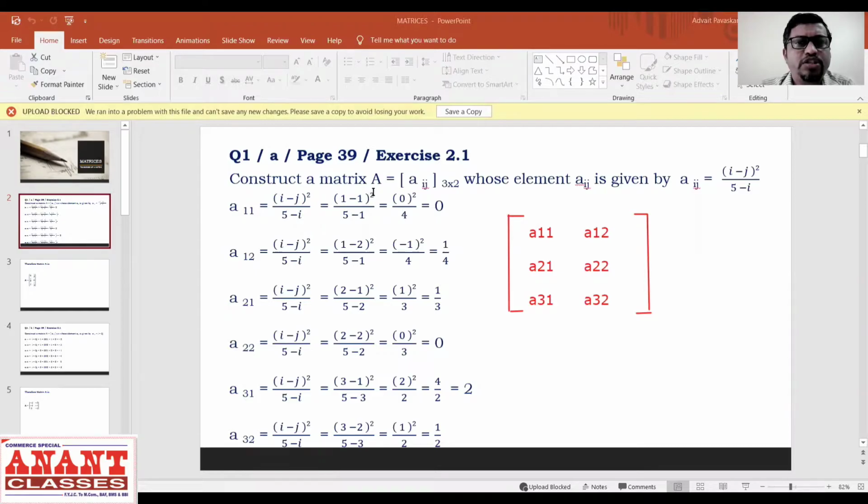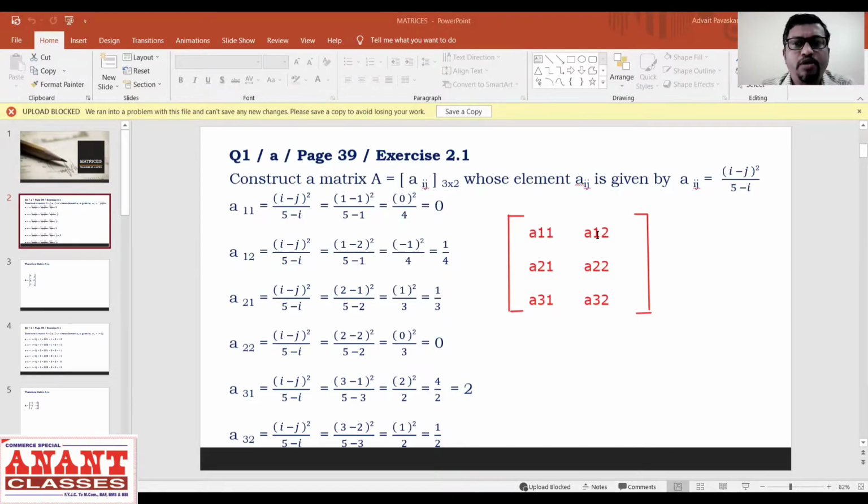So 1 minus 1 whole square, 1 minus 1 तो 0 हो गया, तो 0 का स्क्वायर भी 0 होगा, and 0 divided by any number will give the answer as 0 only. This is basic maths. तो ये वाला वैल्यू आपका 0 हो गया.